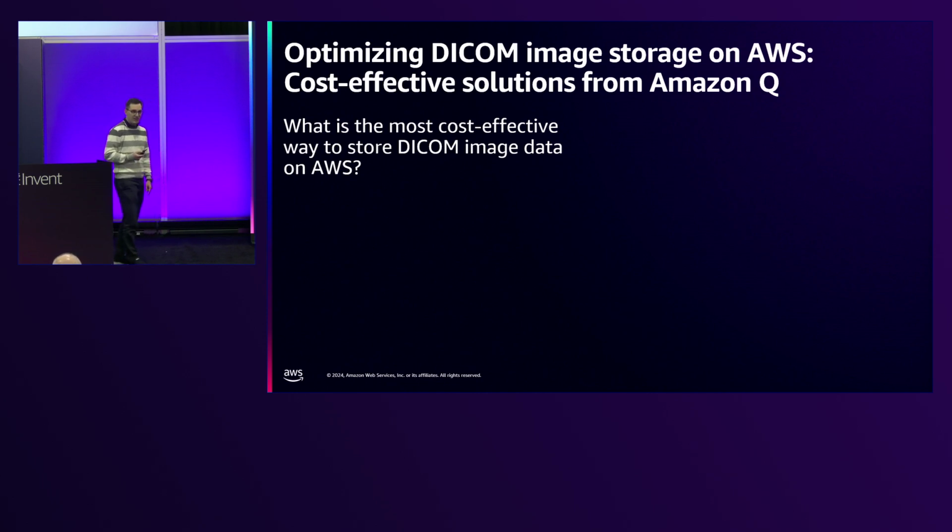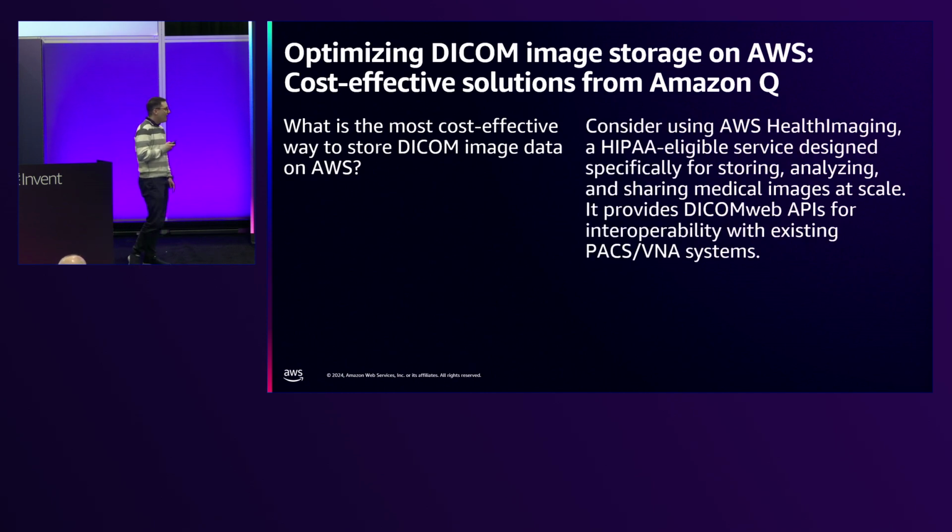Now that's a complex question if you want to store this in S3, especially cost effectively. And what you get is AWS HealthImaging, which is the perfect service for these solutions. It not only provides fast retrieval, but it also provides a cost-effective way of storing your DICOM image data.